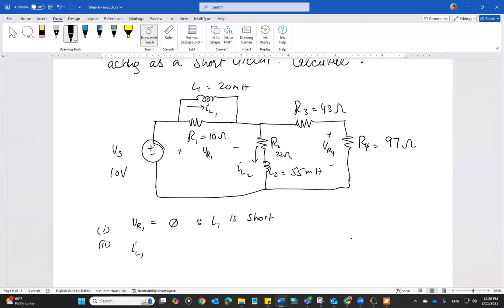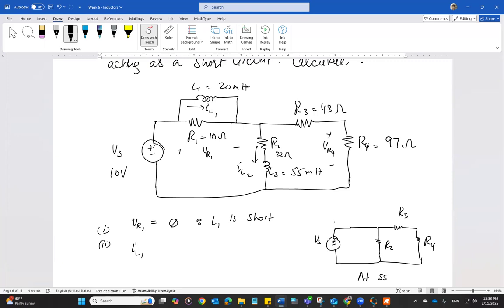So your circuit at the steady state is going to look like this: Vs, R2, R3, and R4.